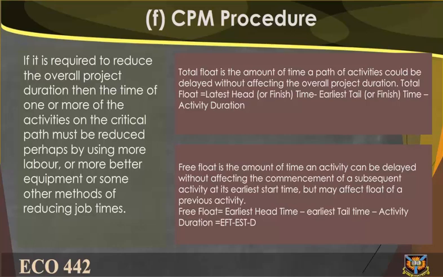Free float is the amount of time an activity can be delayed without affecting the commencement of a subsequent activity at its earliest start time, but may affect float of a previous activity. Free float equals earliest head time minus earliest tail time minus activity duration, equals EFT minus EST minus D.